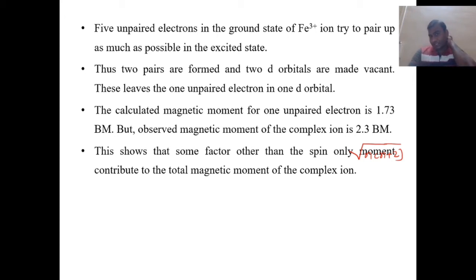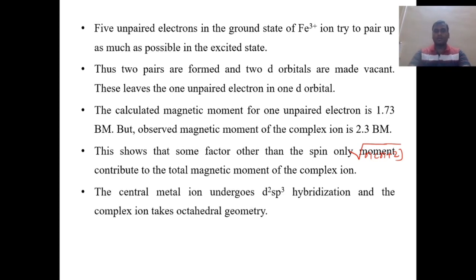So you can conclude that the observed and calculated magnetic moments are different, they are not approximately equal, and these values do not match. So why is this difference there? Maybe some other factor other than the spin-only moment contributes to the total magnetic moment of the complex ion.